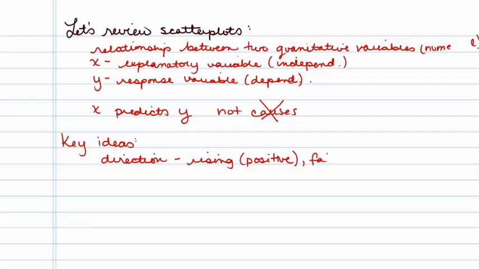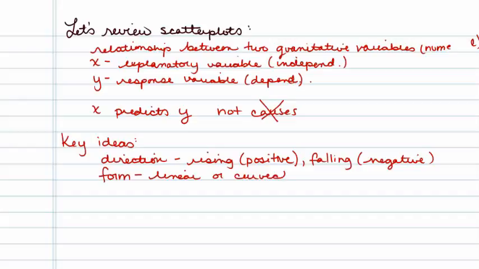Is it falling? That would mean it would be a negative relationship. Form. A few people were asking again about form. Form is, does it form a line? Is it linear or is it curved? And strength is a big one.